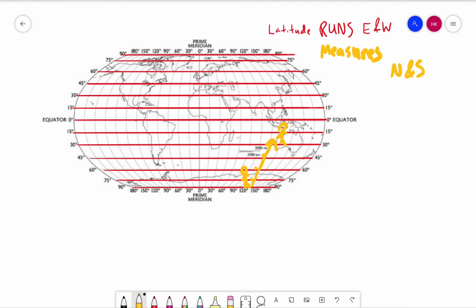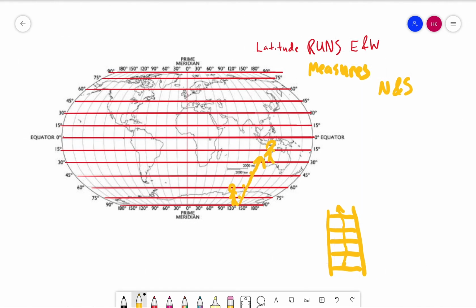And that is because, remember, when you have a ladder, your steps go like this. So when you want to go up, you want to use these steps right here to climb up the ladder. So latitude is like a ladder. So when you climb up and down, you're measuring. You want to go up and down to measure. Okay?